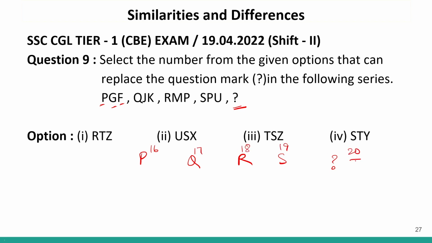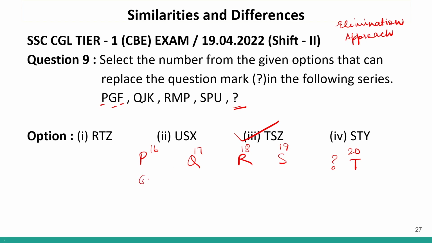So 20, which is T. So the only option that starts with T is option number 3, TSZ. So this will be my answer. Very easy. Using what? Using the elimination approach. So elimination approach makes it very easy to find answers. But let us just check, okay?